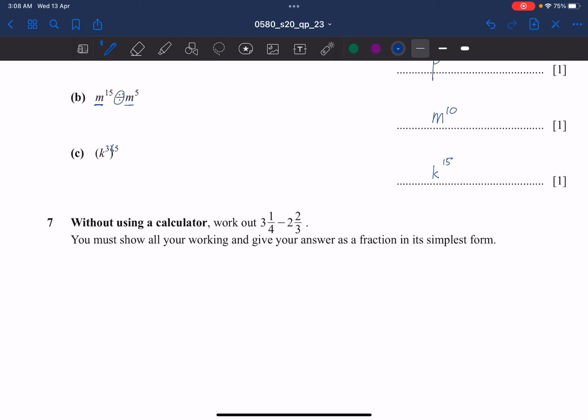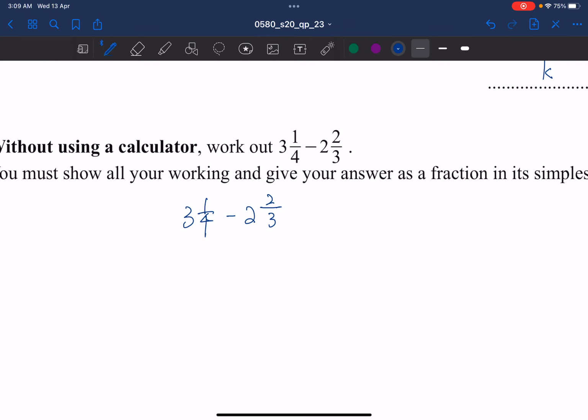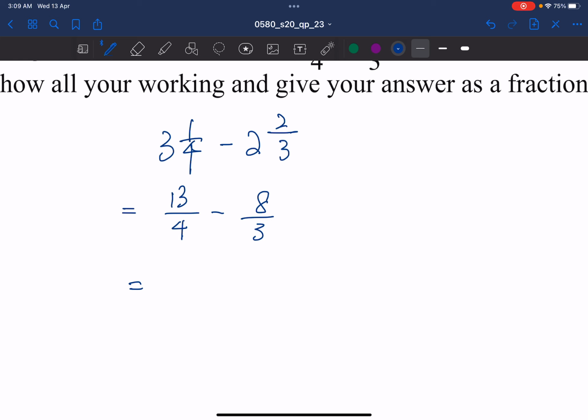Without using a calculator, work this out. So we have 3 and 1/4 minus 2 and 2/3. So 3 1/4 is 3 times 4, 12, 12 plus 1 is 13 over 4. 2 times 3, 6, 6 plus 2, we have 8. Make sure they have the same denominator so that you can do addition or subtraction.